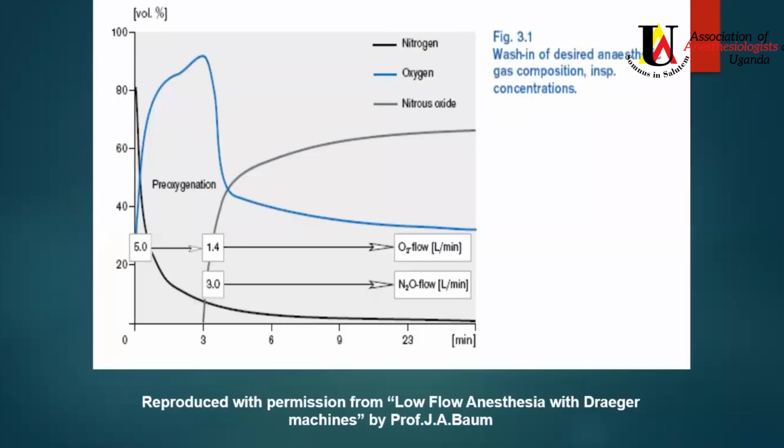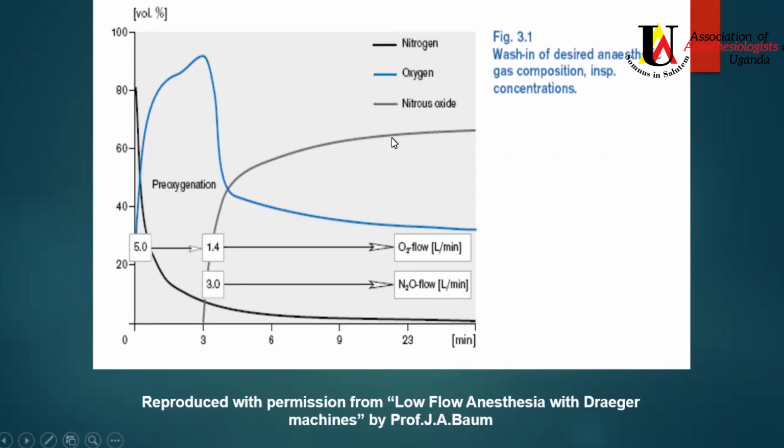So this is a pictogram to show you what preoxygenation does. So this is where preoxygenation will start: 0 minutes, go up. And as you increase the oxygen concentration in the body, the nitrogen is going to drop. Then at 3 minutes, we can now start including in our nitrous oxide.